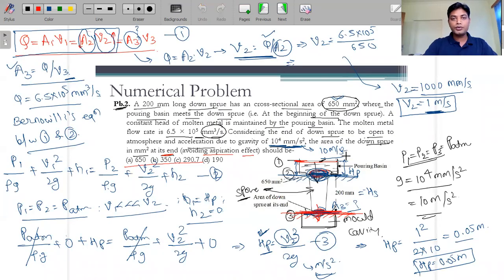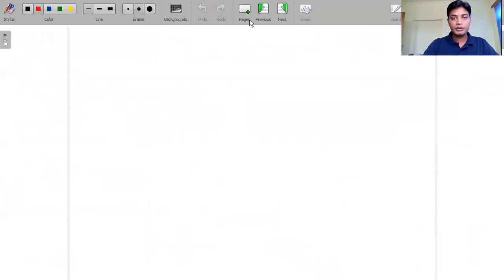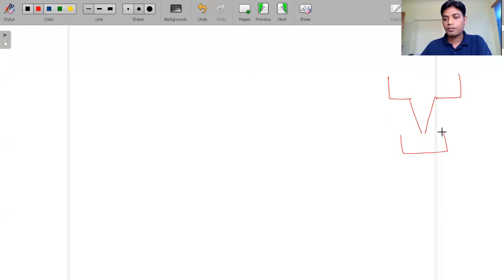So let's take one more page. Now we are considering this as the datum level. So this is HP and this is HS, from 2 to 3.